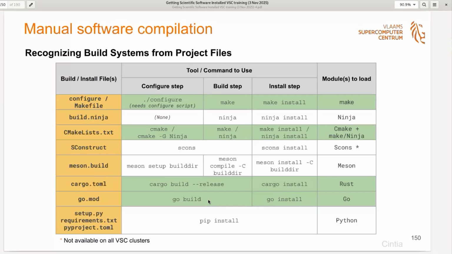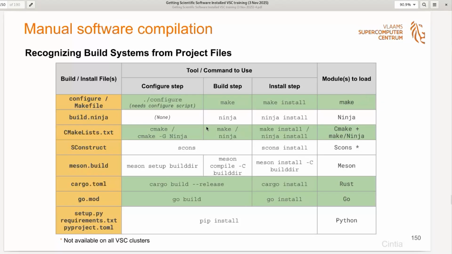So basically, based on which files you find in the source code, you will be able to figure out more or less what tools you need. And for each tool, you will usually need a module for that tool to be available on the cluster.